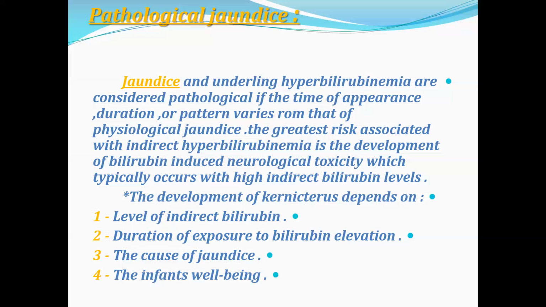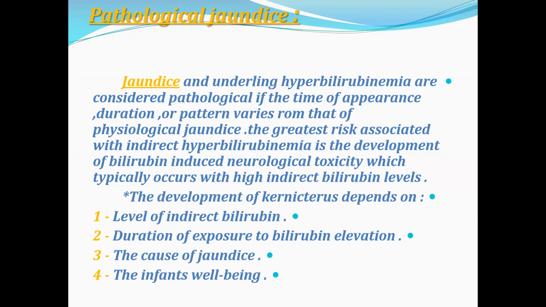So our job is to reduce and control the increment of the jaundice to a level that does not cause kernicterus or neurological damage to the newly growing brain. This is our most important job.